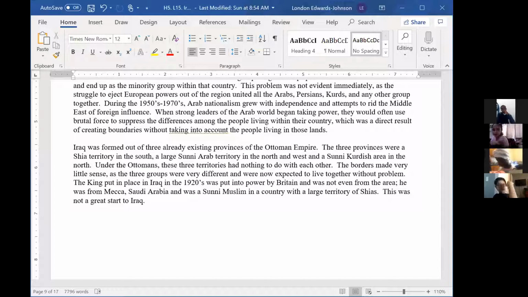The borders made very little sense as the three groups were very different and were now expected to live together without problem. The king put in place in Iraq in the 1920s was put into power by Britain and was not even from the area. He was from Mecca, Saudi Arabia, and was a Sunni Muslim in a country with a large territory of Shias. This was not a great start to Iraq.